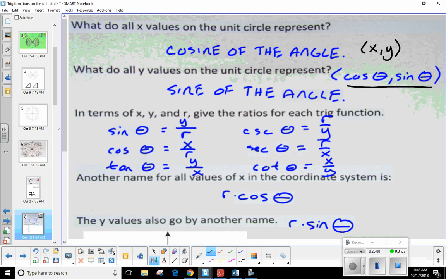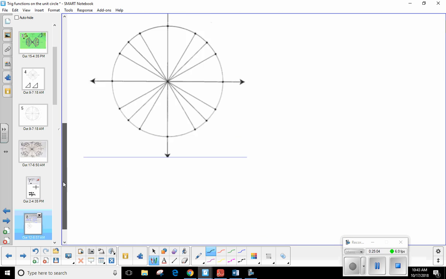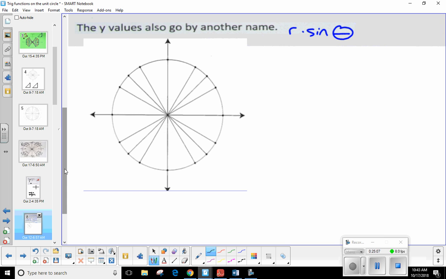Let me show you why this is. Let's say we have our unit circle, and we rotate someplace. It doesn't matter where. Let's say right here. Normally on a coordinate plane we say x, y, but I want to show that the coordinates are going to end up as cosine, sine.